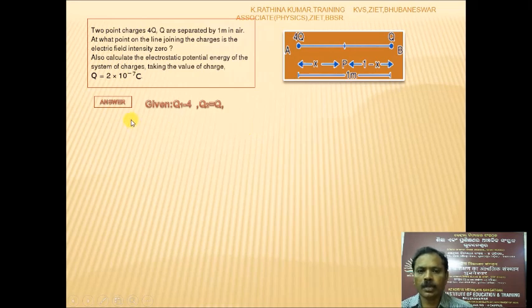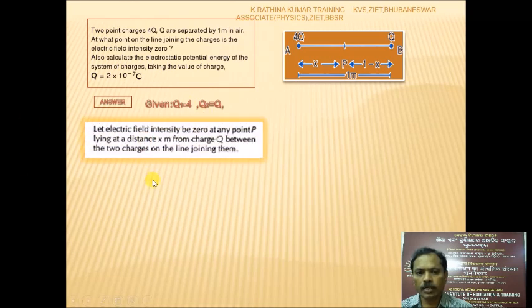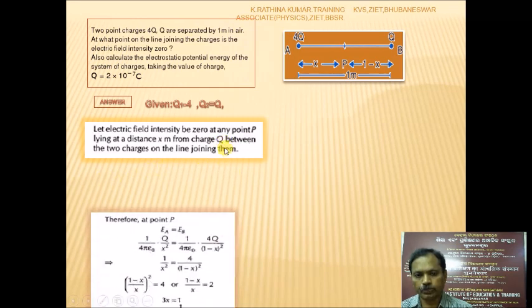For the answer, the given charges are 4Q and the second charge Q. Let the electric field intensity be 0 at any point P, lying at a distance x from the charge Q, between the two charges on the line joining them.